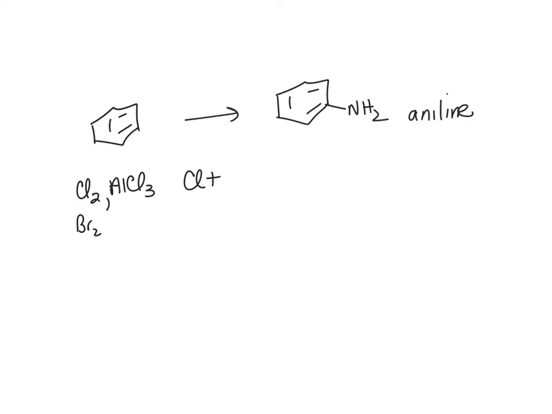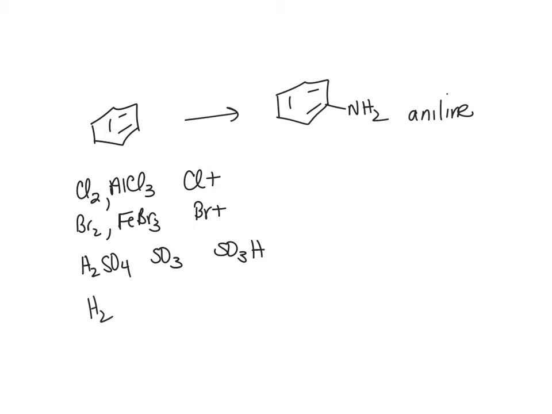You could use iron bromide, and that'll put bromine on there. You also know how to do sulfuric acid and sulfur trioxide, and that's going to put an SO3H on there. You know how to do Friedel-Crafts alkylation and acylation. That's going to make carbon-carbon bonds.